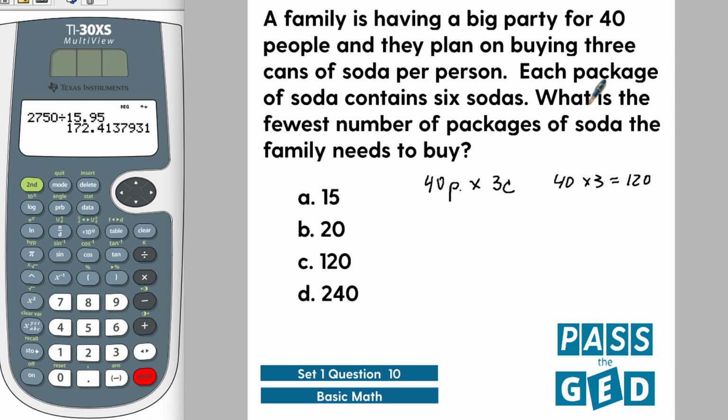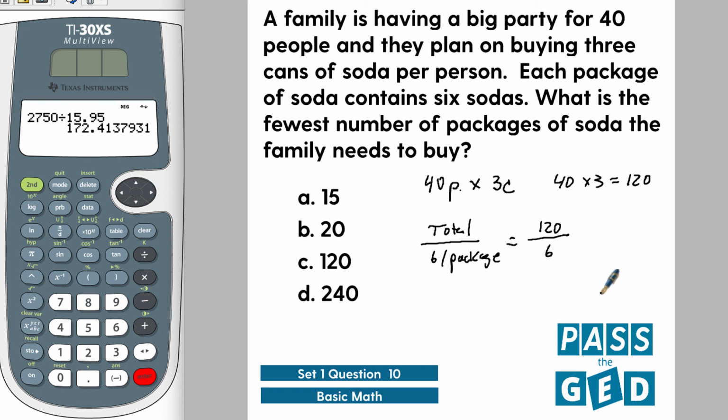Put that in the calculator if you need to. Each package contains 6 sodas. So if we have the total divided by the 6 per package, that's going to give us our answer. So our total is 120, and there's 6 per package.